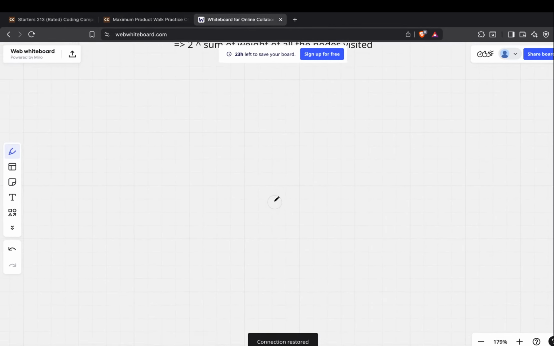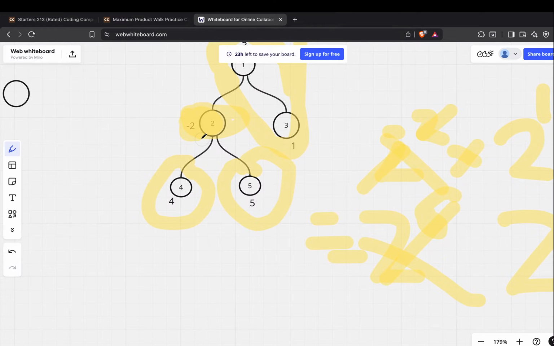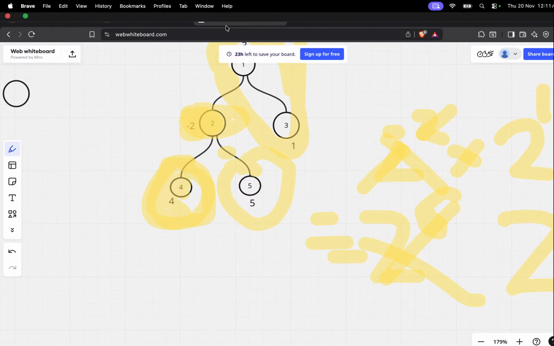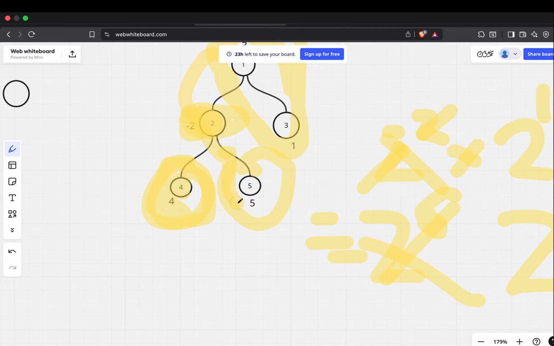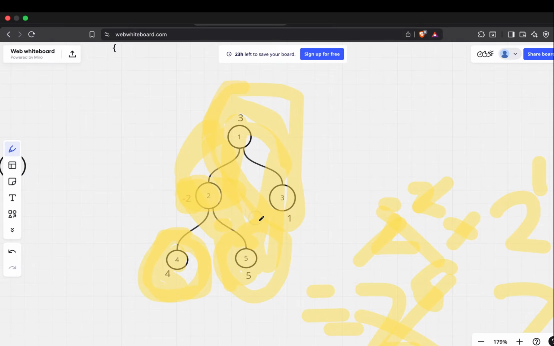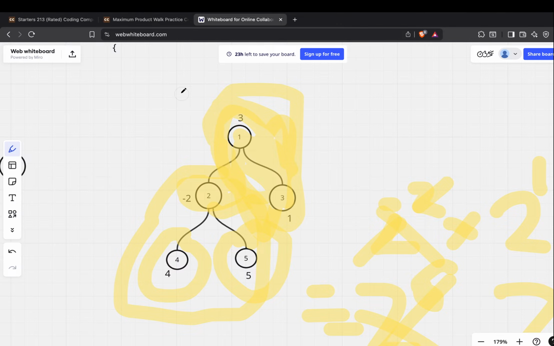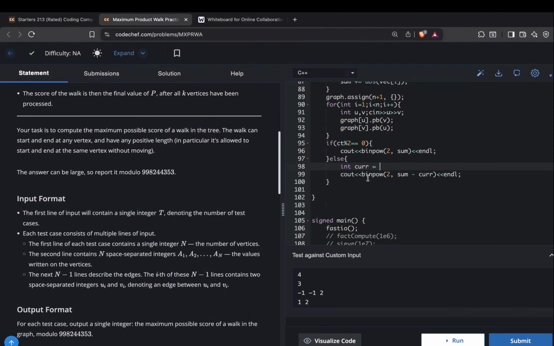If in this scenario we had chosen this subtree, then we need to delete this particular part, this whole part. Similarly, if we choose these two nodes, then we need to remove this subtree. So we need to calculate which subtree to remove to get the best answer.